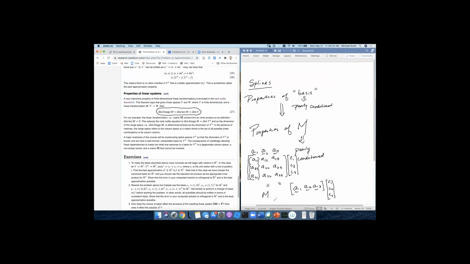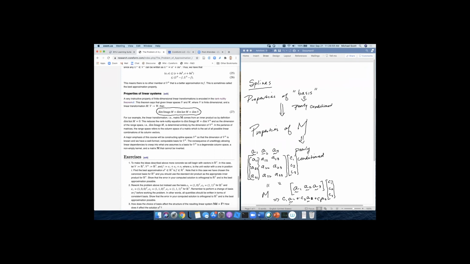And so the image of this operator M is any vector that can be represented as a linear combination of the columns of M.